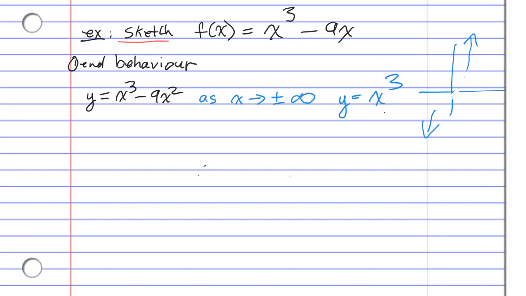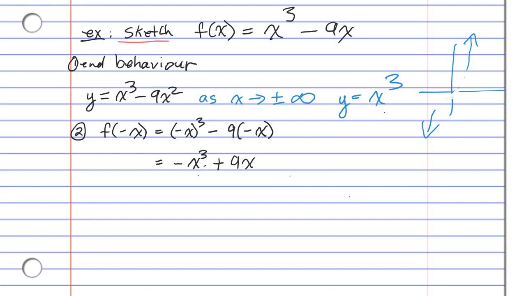So here's the reason why we had to study symmetry, and it's all about functions. Let's see. Start with our function f of negative x. And we substitute in. So we get negative x, and we're going to cube it, minus 9 of negative x. So cubing negative x gives us negative x cubed. And then this turns into plus 9x.